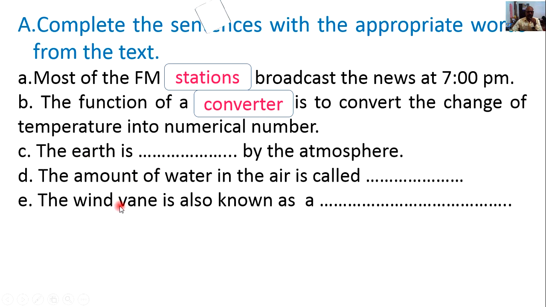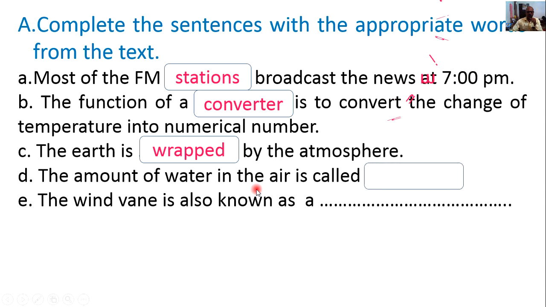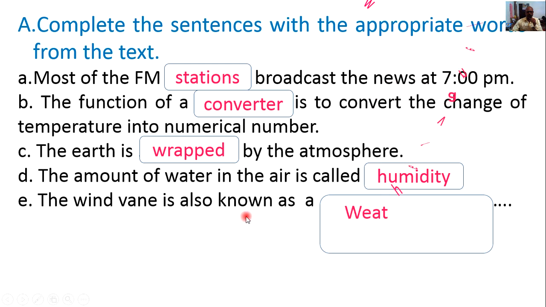The earth is wrapped by the atmosphere. The amount of water in the air is called what? Humidity. And the wind vane is also known as a weather vane or weathercock.